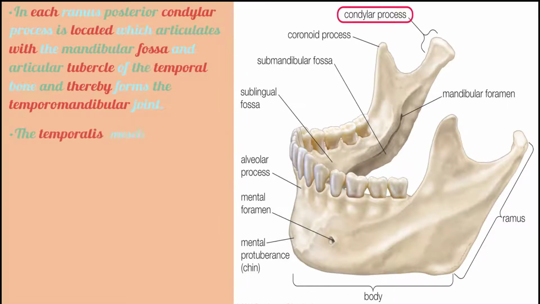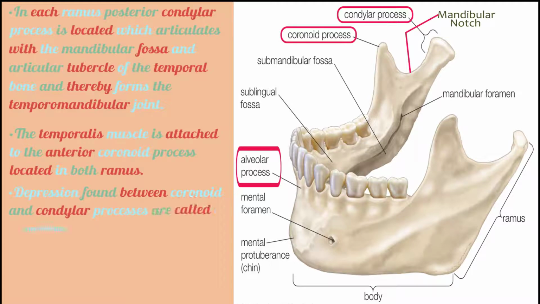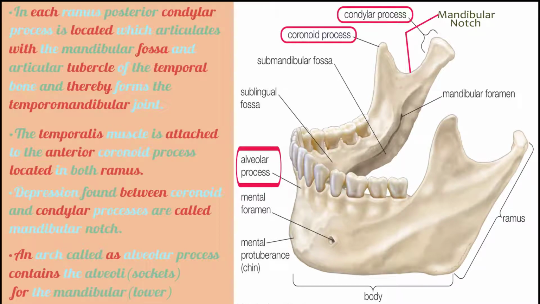The temporalis muscle is attached to the anterior coronoid process located in each ramus. The depression found between the coronoid and condylar processes is known as the mandibular notch. An arch called the alveolar process contains the alveoli or sockets for the mandibular teeth or lower teeth.